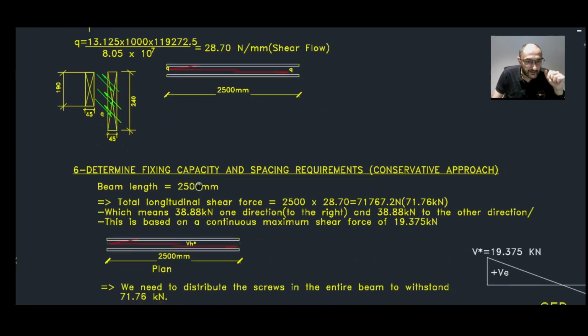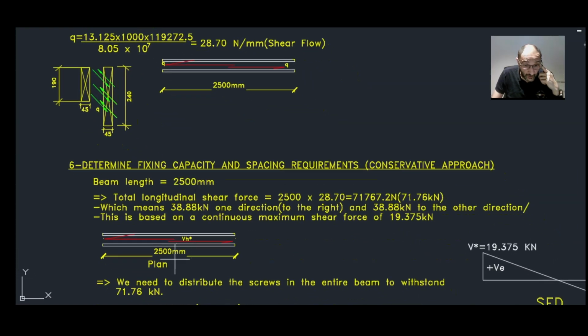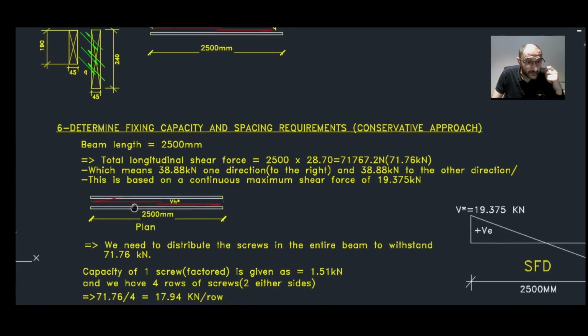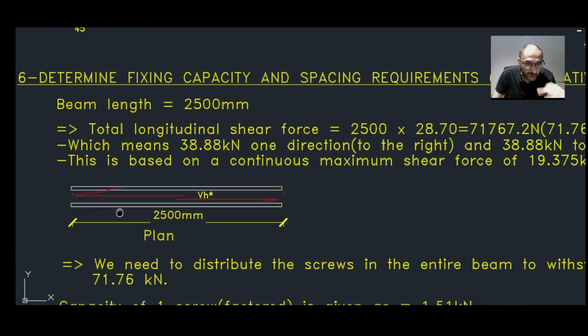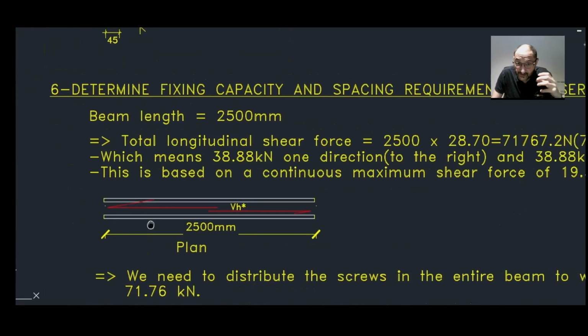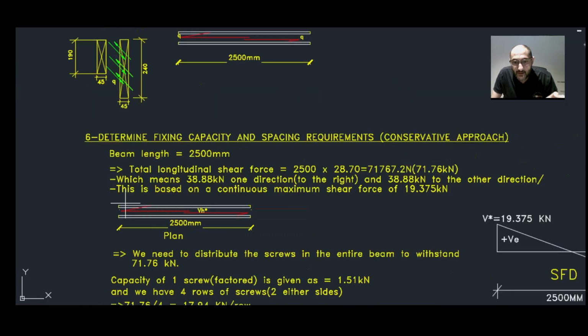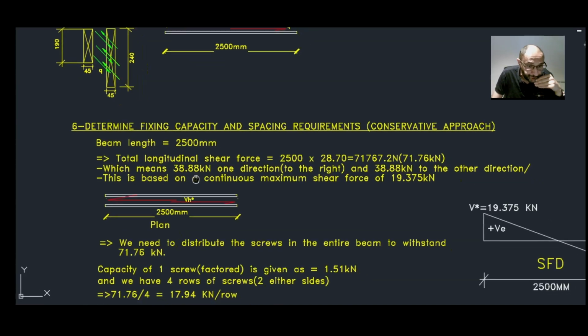Okay, in step 6, we can determine the capacity and the spacings required. This is a conservative approach, assuming a constant shear force through the beam.